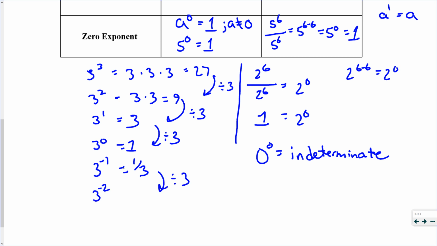What's 1/3 divided by 3? 1/3 divided by 3 is equal to 1/3 times 1/3, which is 1/9. And then every time I divide by 3, it's the same as multiplying by 1/3. So that's just going to keep growing by factors of 3 in the denominator.